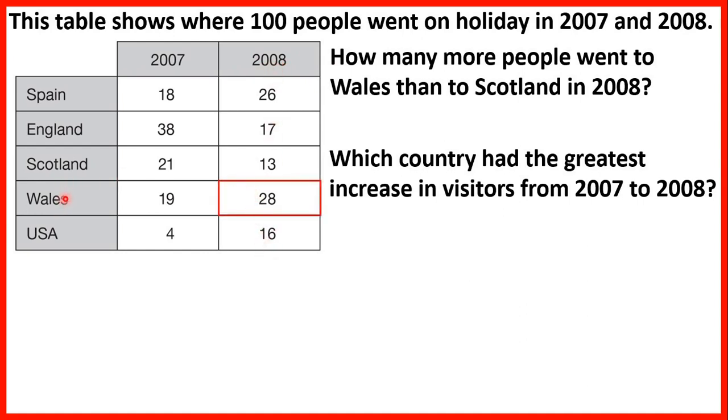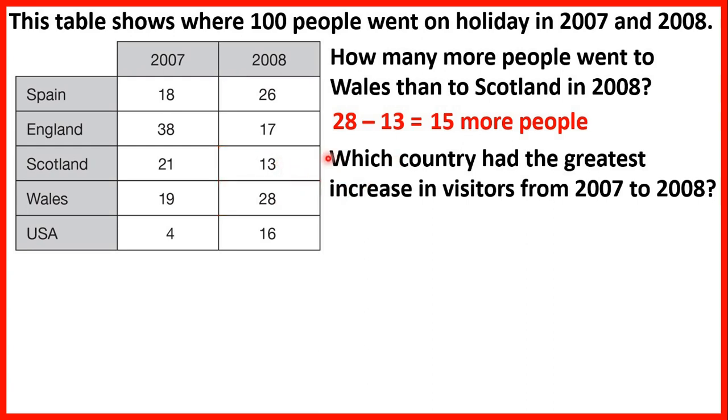So we can see that 28 people went to Wales in 2008 and 13 people went to Scotland. Now the question asks how many more, so we need to find the difference. And to find the difference, we subtract. 28 minus 13 is 15, so that means 15 more people went to Wales than to Scotland.